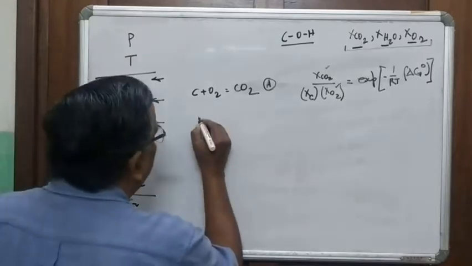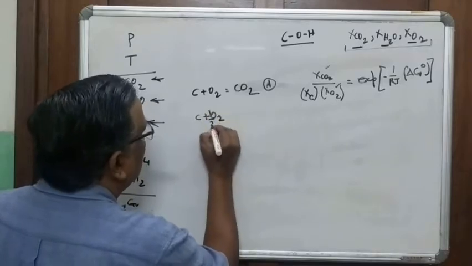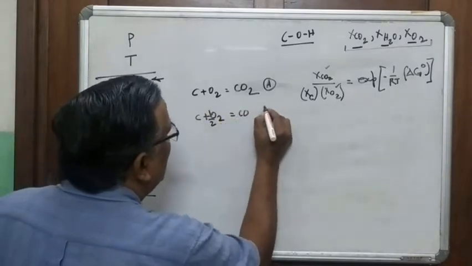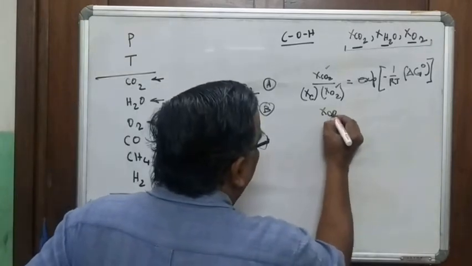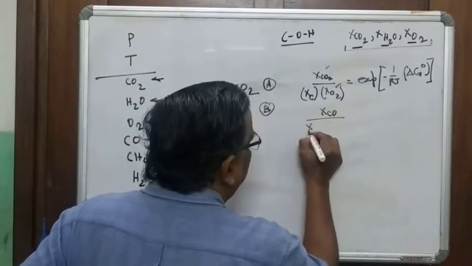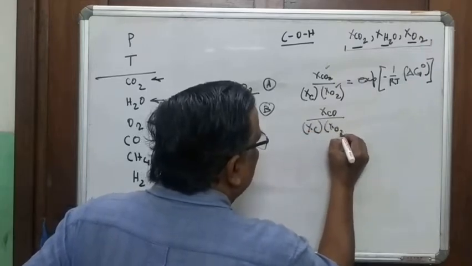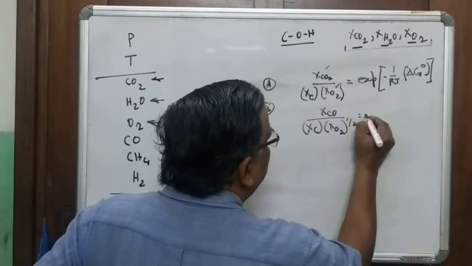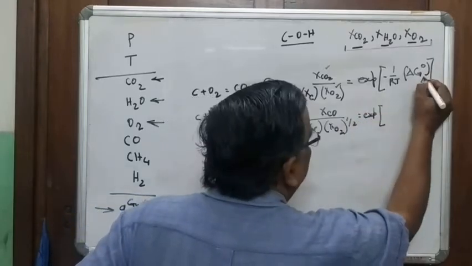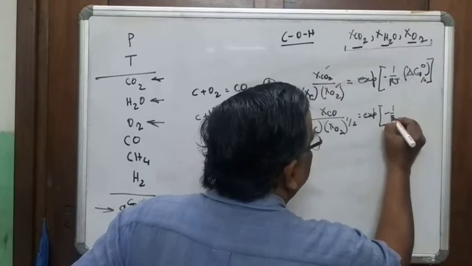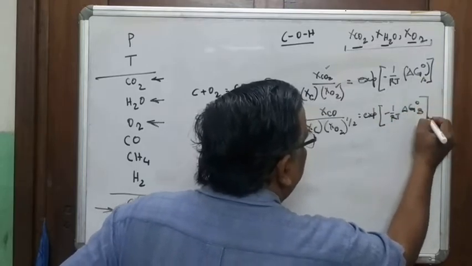Now very simple. Now C plus half O2 is equal to CO. That's reaction B. So you have XCO divided by XC into XO2 to the power half is equal to exponential minus 1 by RT into delta G0 B. Right?